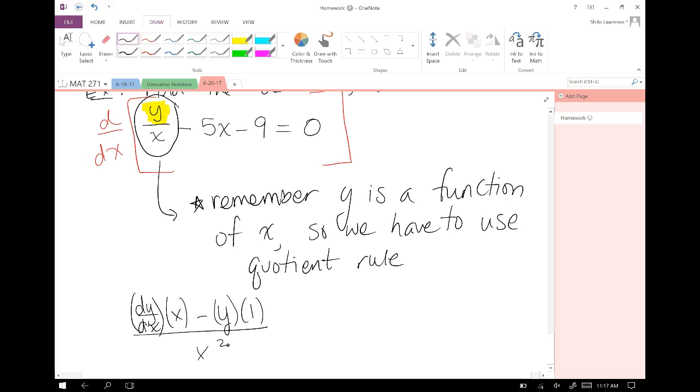And then what's the derivative of minus 5x? Minus 5. What's the derivative of minus 9? 0. And what's the derivative of the equal 0? 0. So we still have equal 0.